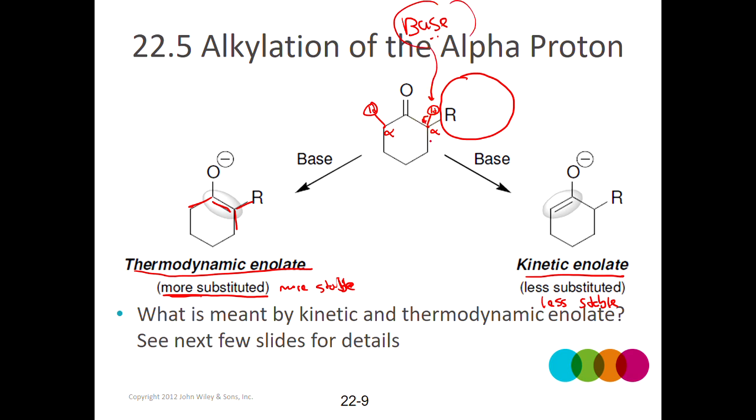So if the proton is surrounded by large R groups, the steric hindrance that occurs during the transition state means that this won't happen as often, or I should say this one won't happen as often because of the sterics required to pull off that proton. So instead, the base would be maybe more likely to go for the proton where there aren't any R groups around to block it out, so the transition state will be lower energy because there won't be steric repulsion occurring during that transition state to form the enolate on the other side.